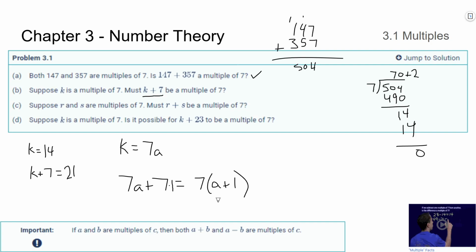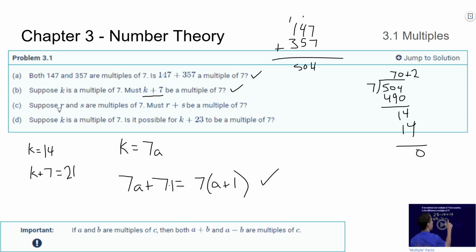Well, this can be divided by 7 with no remainder. It would just leave a plus 1 if you divided 7 out of that. So that looks good, and this is going to be an integer, right? So if we divide by 7, we're going to be left with whatever a is plus 1. So that seems to work out. It's always going to have no remainder. So that would be a multiple of 7.